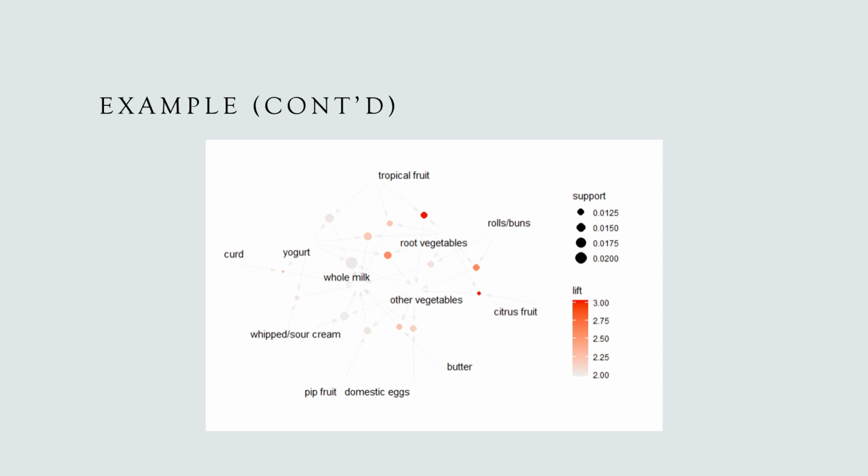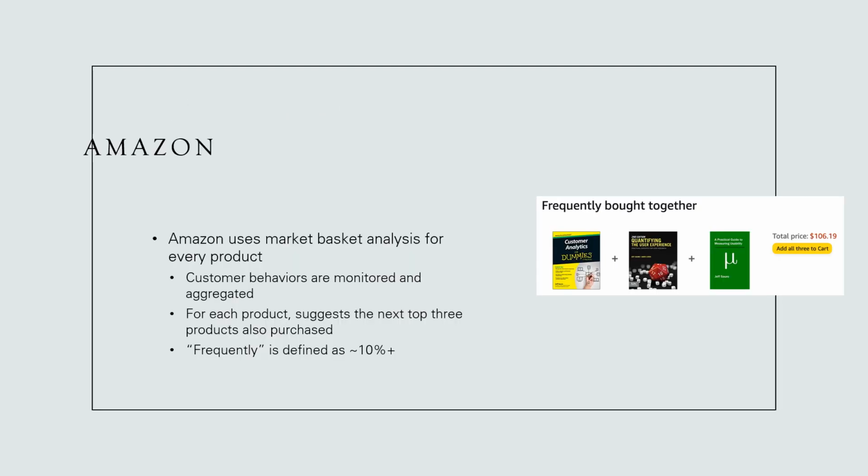Another example I can think of, and we'll get into Amazon, is bundling insurance. I know that's mentioned in Geico commercials, but they probably use this as well. As I mentioned, you probably have seen this. I'm sure everyone has. Basically, when I go purchase a product, it suggests the next top 3 products that customers also buy and prompts you to add them to the cart, right?